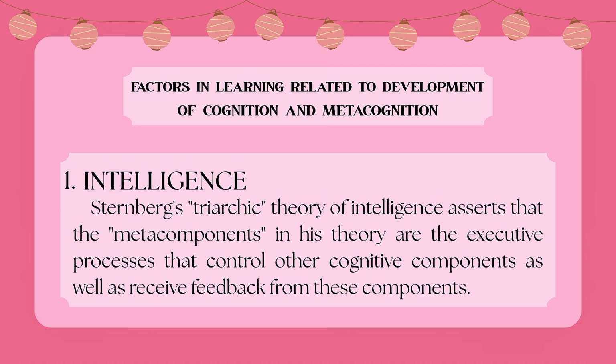The other two components are practical and experiential intelligence. This executive process involves planning, evaluating, and monitoring problem-solving activities. Sternberg further asserts that the ability to appropriately allocate cognitive resources, such as detecting how and when a given task should be accomplished, is basic to intelligence.